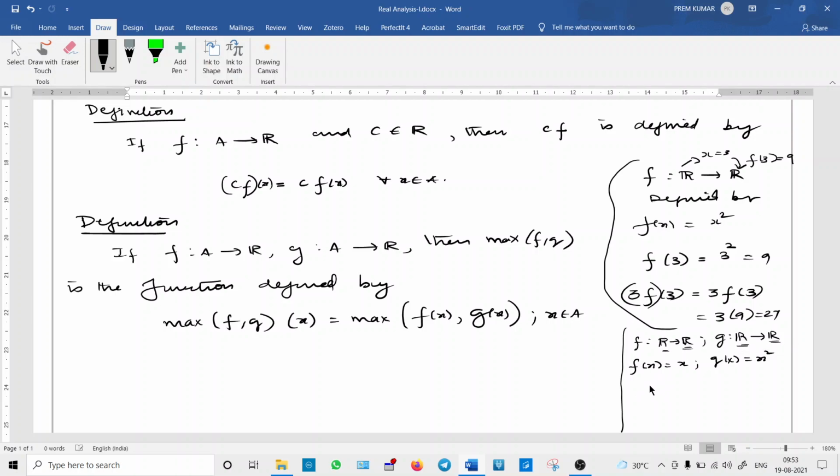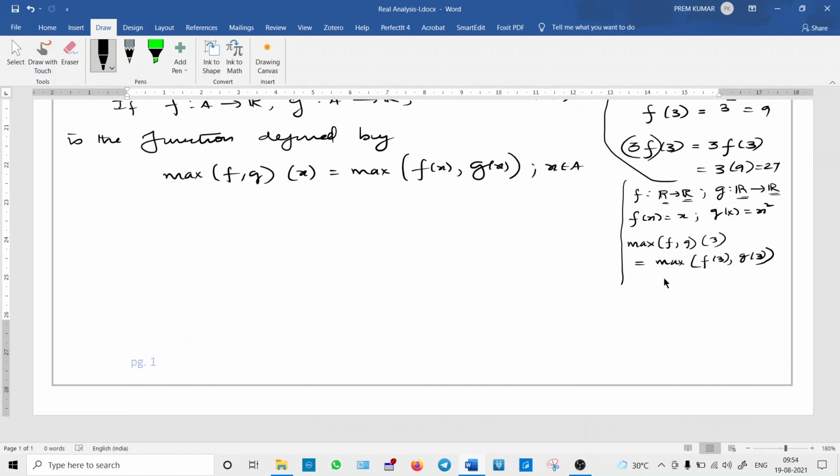Now I want to find the maximum of the two functions evaluated at the point 3. What does the definition say? You find the maximum of f of 3 and g of 3.